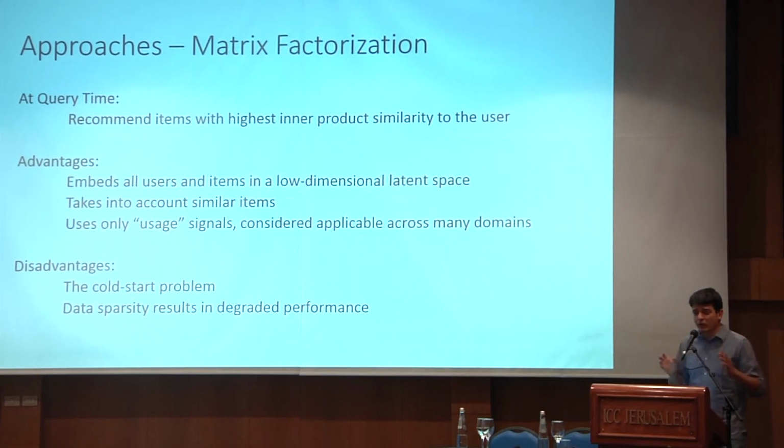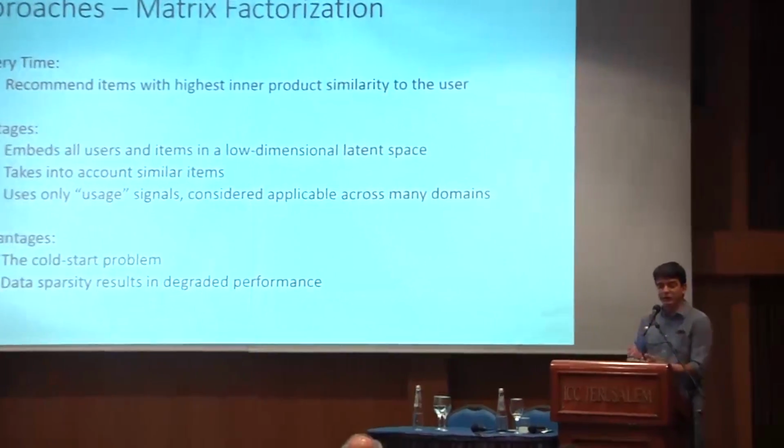A great advantage of this is that it embeds all my users and items into this low-rank space, right? So in addition to being able to compare users and items, this inner product is sort of a comparison of where they are in the space. I can also compare users and other users, and items and other items, and this is in fact the intuition that powers many of these item-to-item type scenarios that we saw earlier. Similar items are also taken into account.